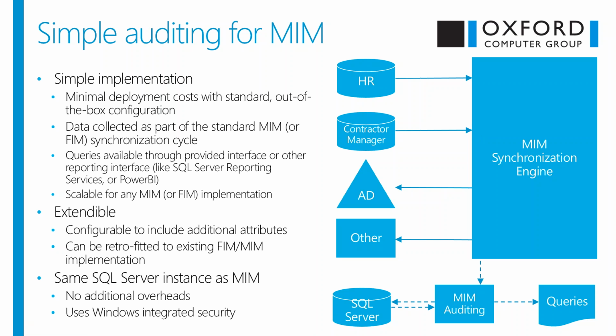What we have is an auditing executable that we call as a result of the synchronization, during synchronization. So perhaps just after we've done an import and synchronization from HR, that would be a good time to call the audit logger to catch the changes that have come in from HR.